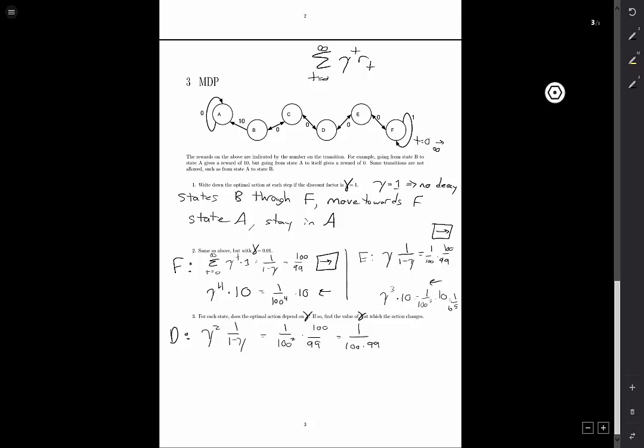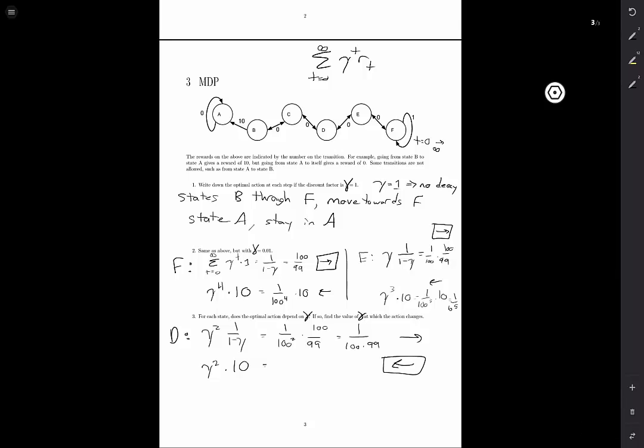And that's if we go to the right. But if we go to the left, it'll be gamma squared times 10, which will actually be bigger if we just look at these two. So we'll decide to go left at that point. So we could continue this, but it seems we found the flipping point.